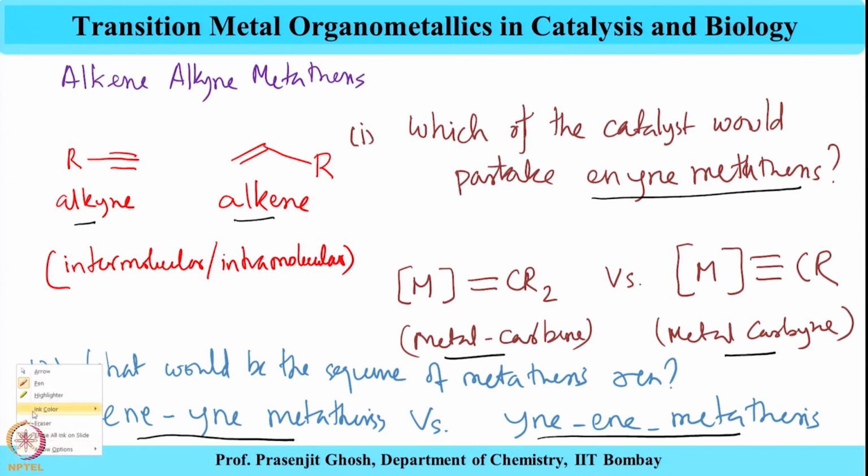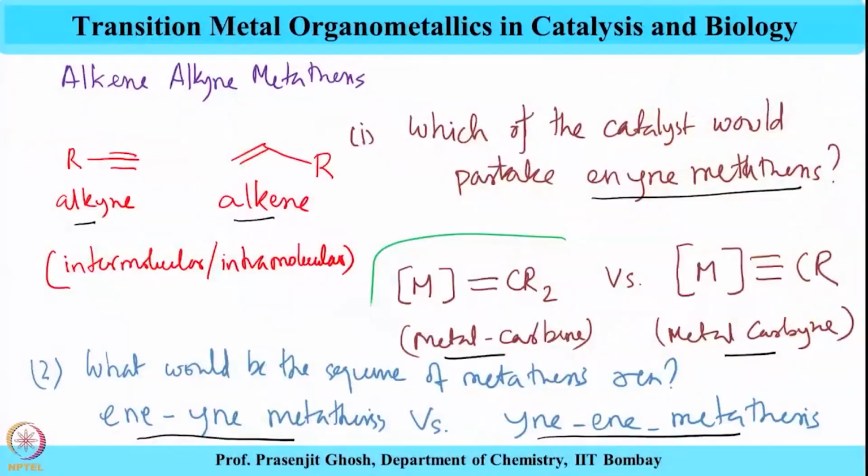Now, these are the issues that had challenged the people who had been working in the area, and several studies have been done in order to elucidate the exact mechanism or exact active species responsible for this enyne metathesis reaction. And to sum up the findings, it is the metal carbene complexes that are effective for alkene alkyne metathesis reactions. So, the catalysts are indeed these metal carbene species.